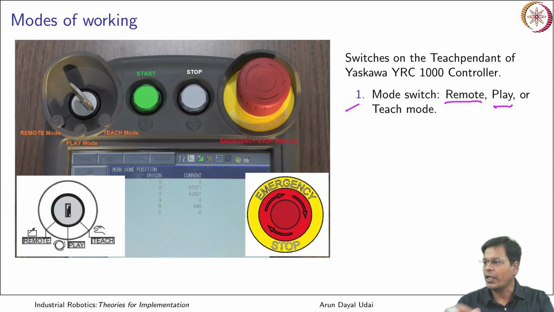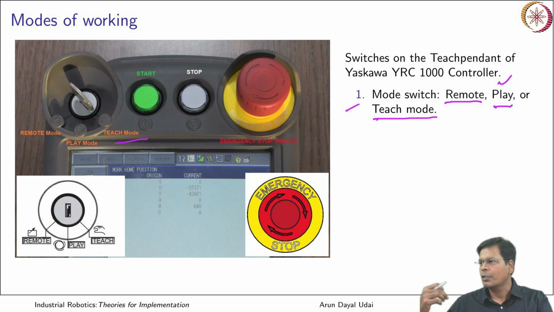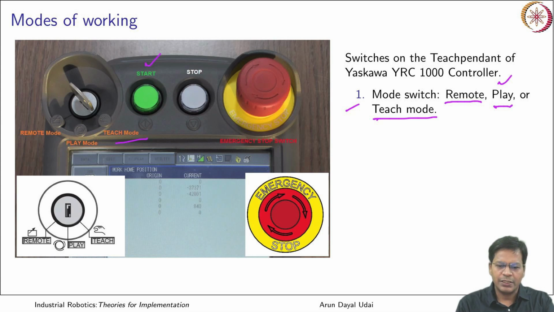And you have a play button also, which an operator can use. He can execute any program which is done by the programmer. The operator can use this mode, and the programmer normally takes it to the teach mode and does the programming. The operator can also handle the start button and the stop button if it is in play mode.